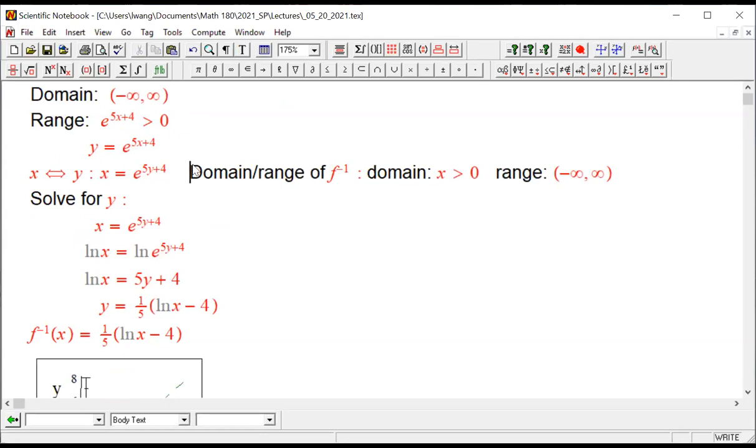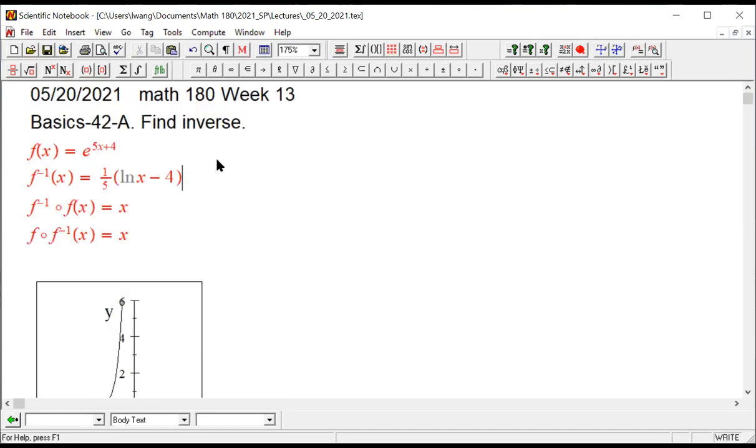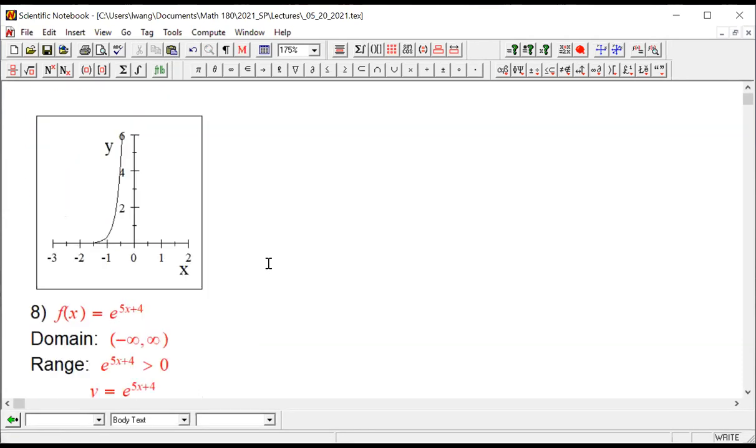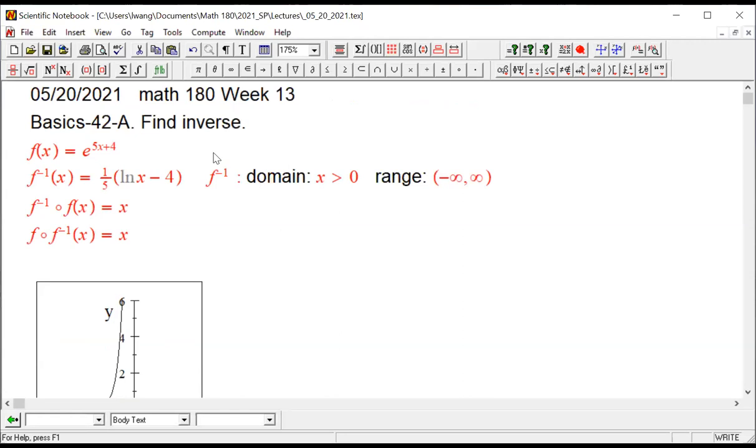So now I'm going to put the domain for the inverse, just make it close to us, and the domain and range for this function. We just want to put them together.